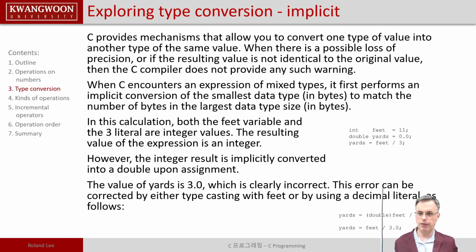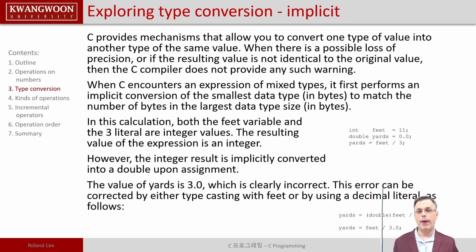So C provides mechanisms that allow you to convert one type of value into another type of the same value when there is no loss of precision. In other words, when the conversion of values results in the same value, C operates without complaining.